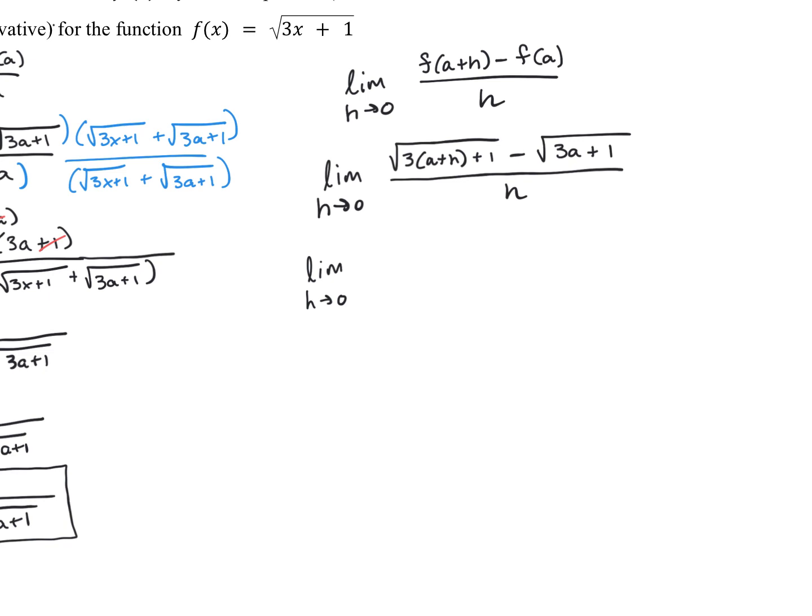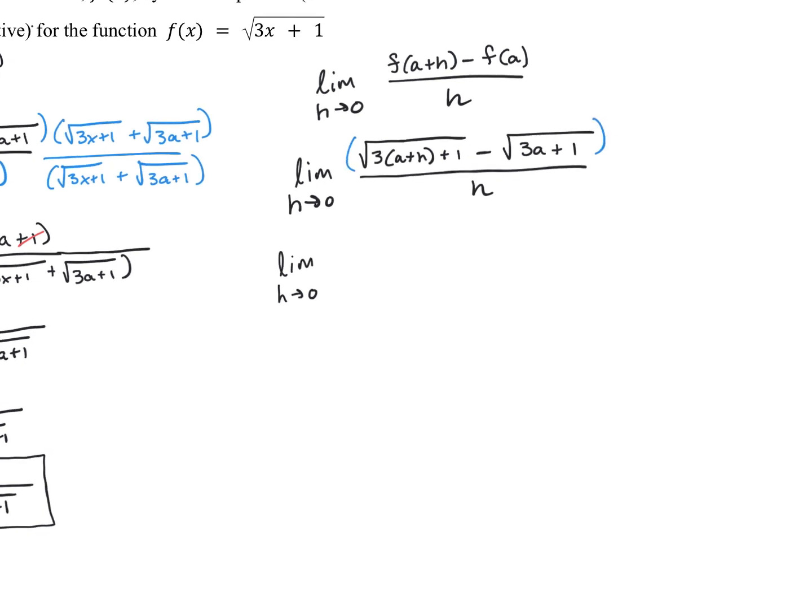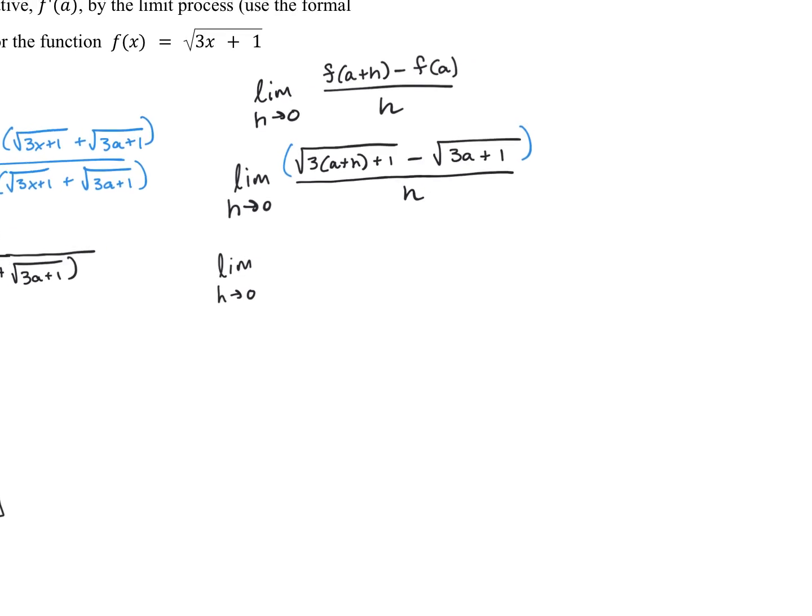We do need to do a little extra work to evaluate this, so we can multiply by the conjugate again. So we have the square root of 3a plus 3h plus 1 plus the square root of 3a plus 1, and multiply by the same thing in the denominator.